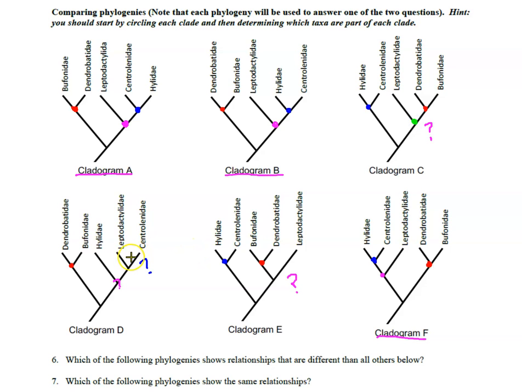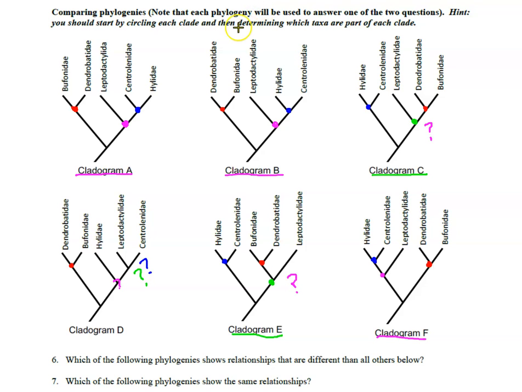Do we have the L group sharing a common ancestor with the B and D group over here? No, we do not. So we're missing that node. And how about this one? Do we have the L group sharing a common ancestor with the B and D group? Yes, we do. So I would now conclude that E and C, again, are the same because they have the same relationships amongst those branches, but they've just been rotated around a little bit.